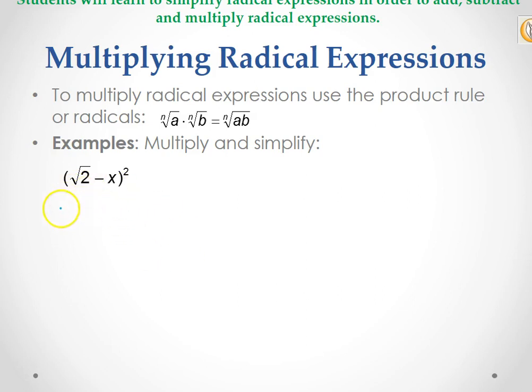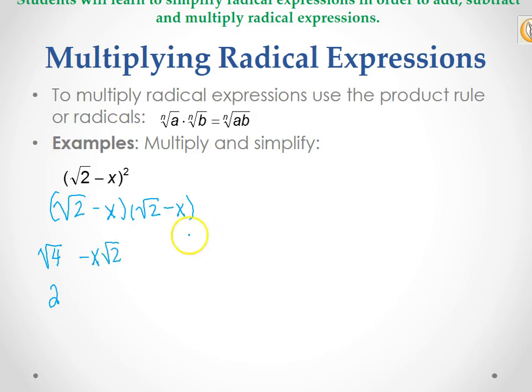What does this mean? Well, it means you're going to write it twice. And FOIL, the square root of 2 times the square root of 2 is the square root of 4, which is 2. The square root of 2 times negative x is negative x square roots of 2.